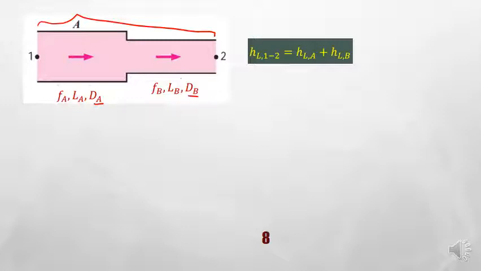The head loss is the summation of the head loss, or energy loss, in A, HLA, and the head loss in B, HLB. So the total loss from 1 to 2 in a series pipeline is HLA plus HLB.